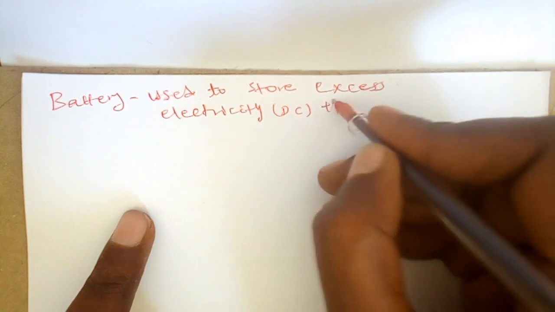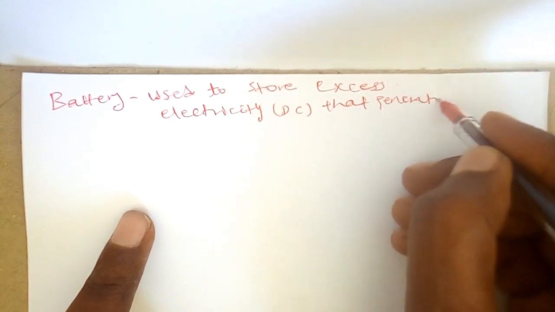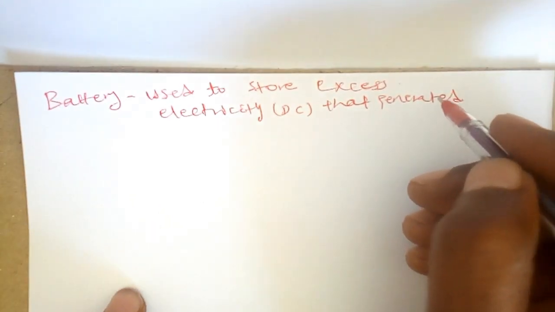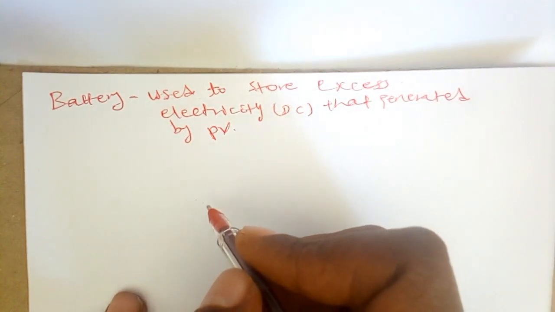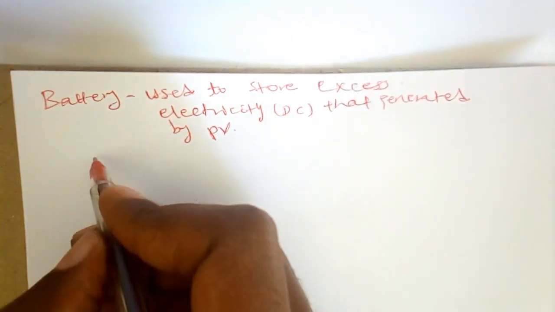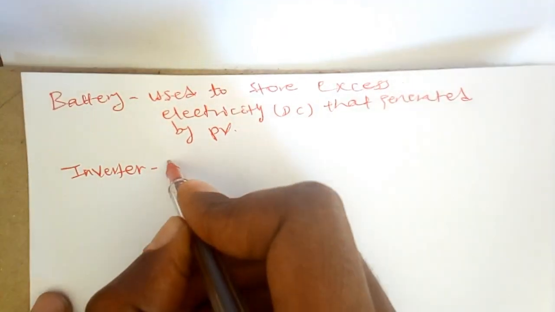That excess electricity is stored on the battery. So battery is used to store excess electricity or DC charge generated by PV system. These are the batteries, one, two, three, there are four batteries. These four batteries are connected in parallel. In parallel means plus port connected to plus, minus connected to minus. We will see this after a while.